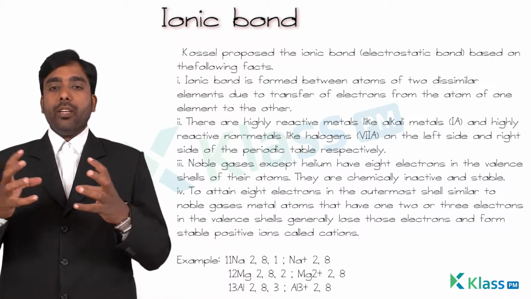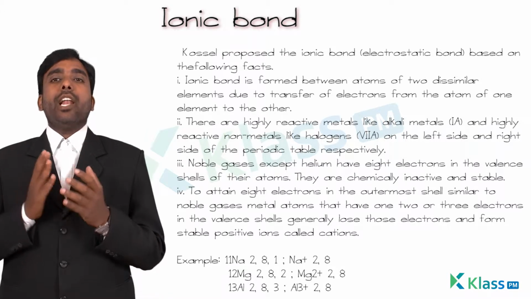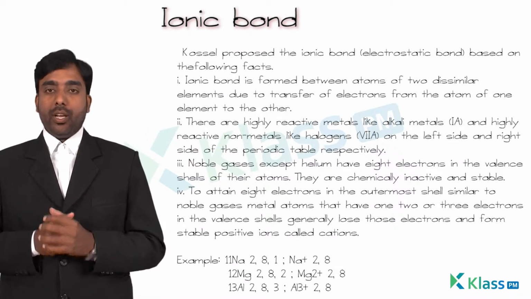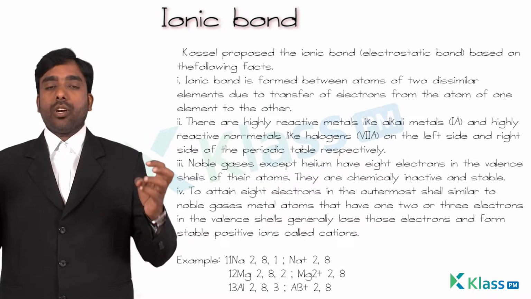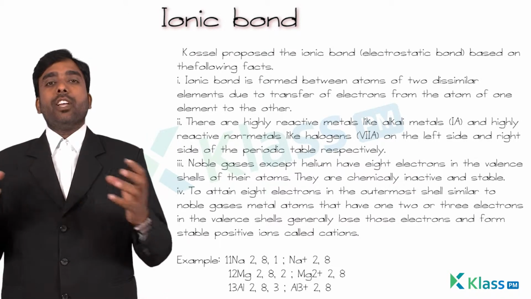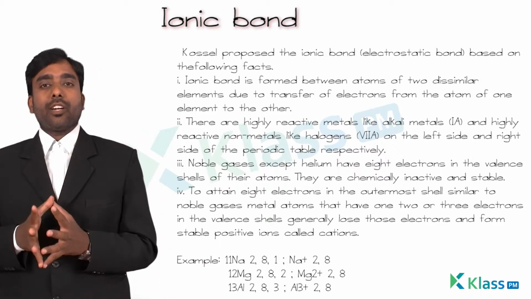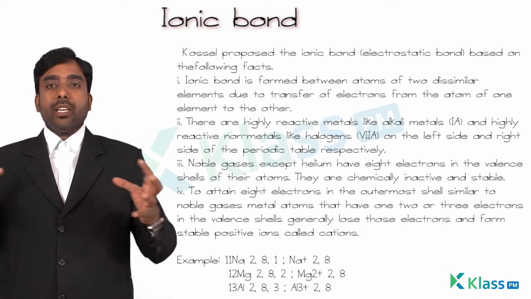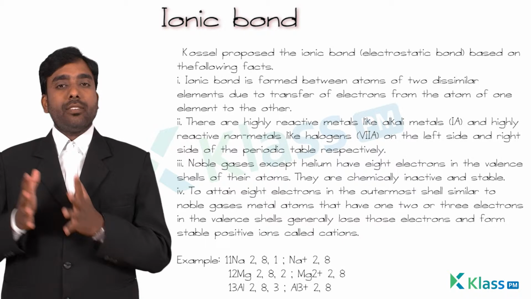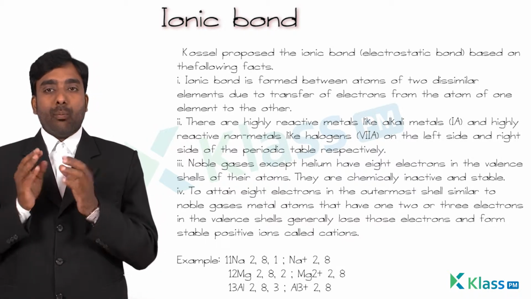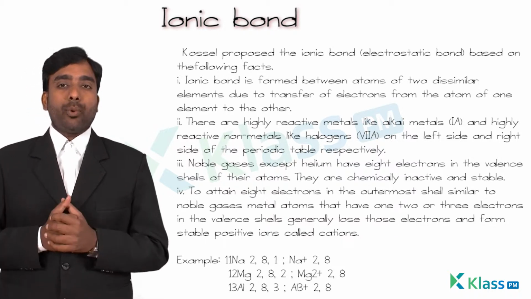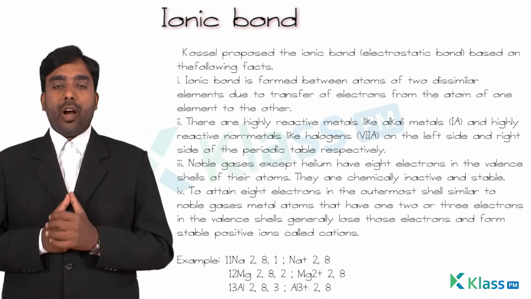They will combine together by electrostatic force. We know that whenever there are opposite charges, they will come together by the electrostatic force. This electrostatic force combines the cations and anions, and the bond between these two oppositely charged ions is called an ionic bond.